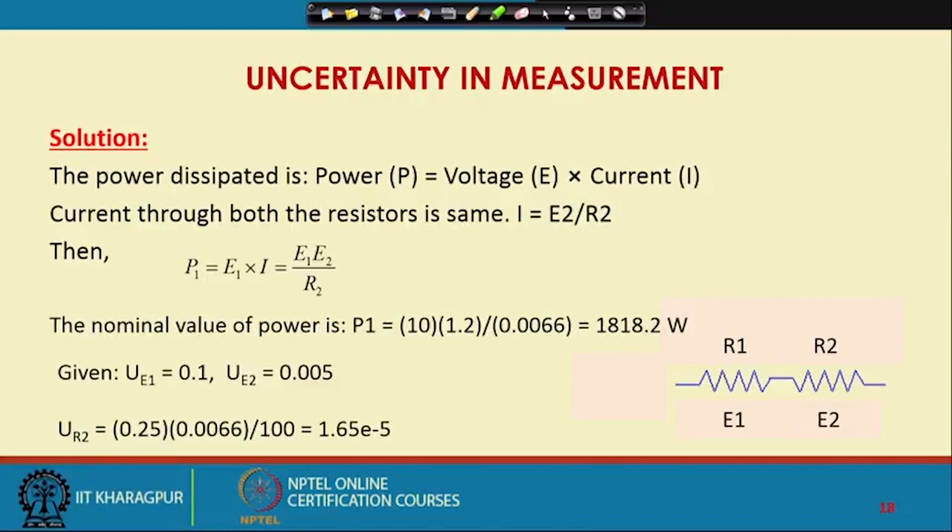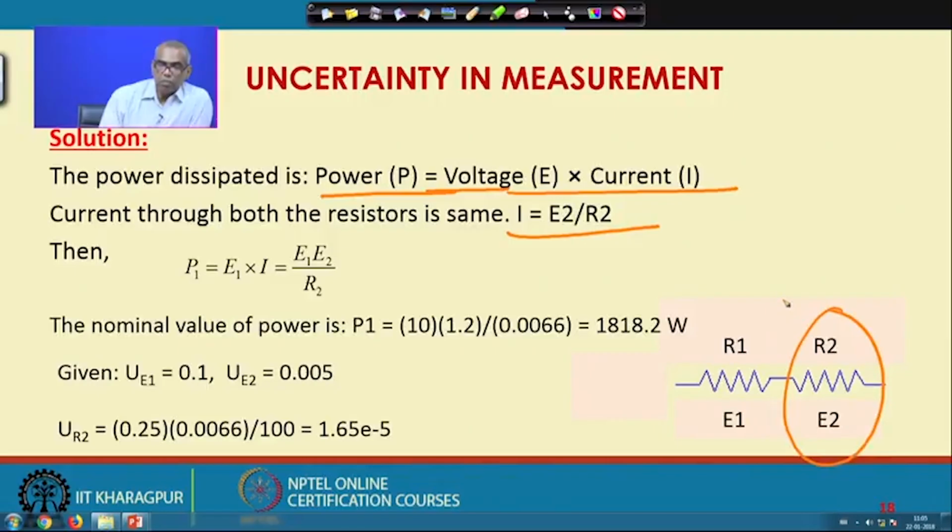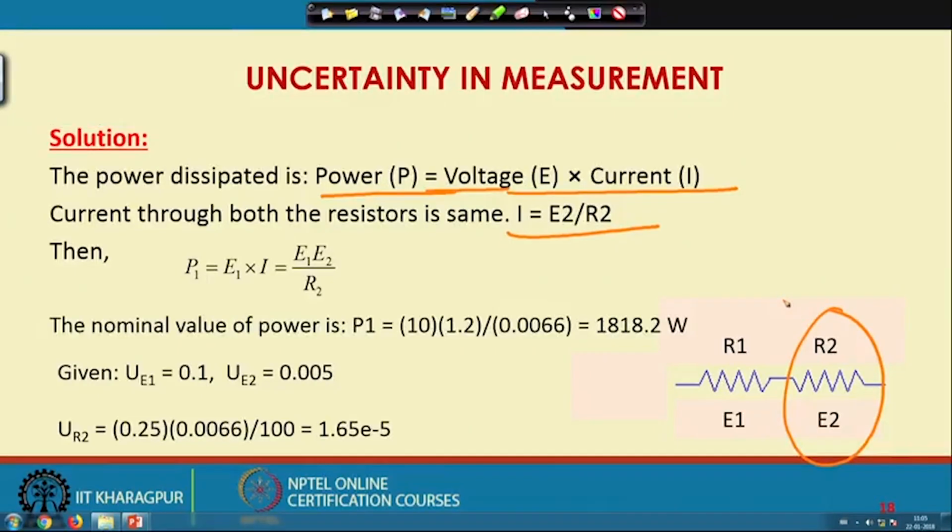So, power dissipated is power equal to voltage into current. Current through both the resistors is same. So, the current I can be computed as E2 by R2. So, then power is E1 into I, which is E1 E2 by R2.